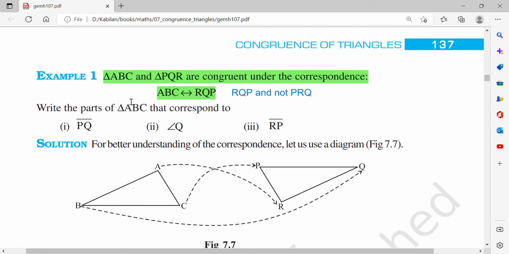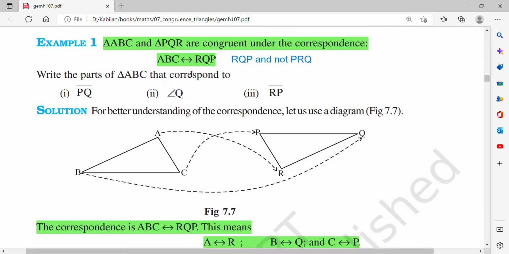Triangles ABC and PQR are congruent under this correspondence. Here you see ABC corresponds to RQP. They have written RQP. You should not write it in some other order.